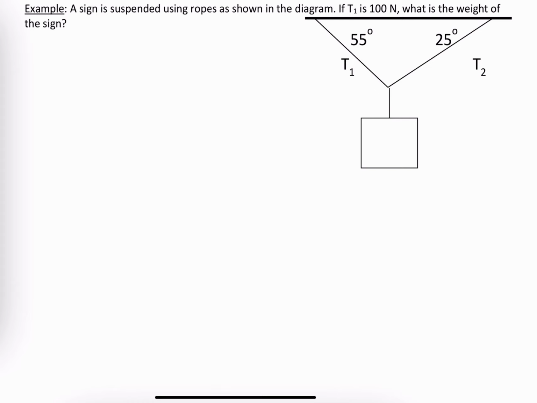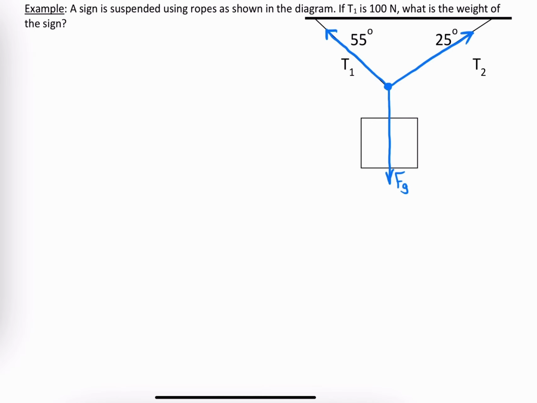So let's do our free body diagram again. We're going to start with the same approach. We're going to find a point that's in equilibrium that has all the forces acting on it. That'll be this guy. We'll draw an FBD. So I've got FG going down. I've got T2 going up like this. And I've got T1 going up like this.